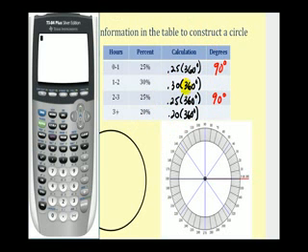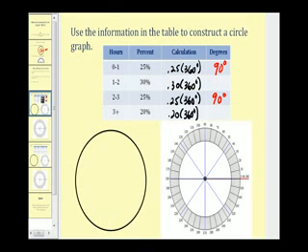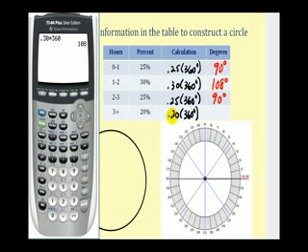And so for the second category, we'll multiply 0.30 times 360. That tells us this category here would be 108 degrees of the circle. And the fourth category would be 0.20 times 360, or 72 degrees.